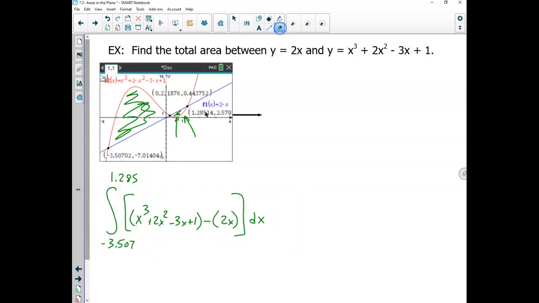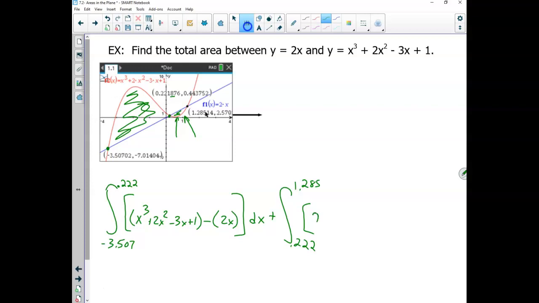I'm going to take this whole integral over here, okay? Oh boy, I got a little nutty with that one. I'm going to take this top integral and integrate from here to here, which is going to be negative 3.507 to 0.222, because remember, I'm looking at that 8, and then I'm going to add my integral from 0.222 to 1.285, and now notice my top curve and bottom curve flip.